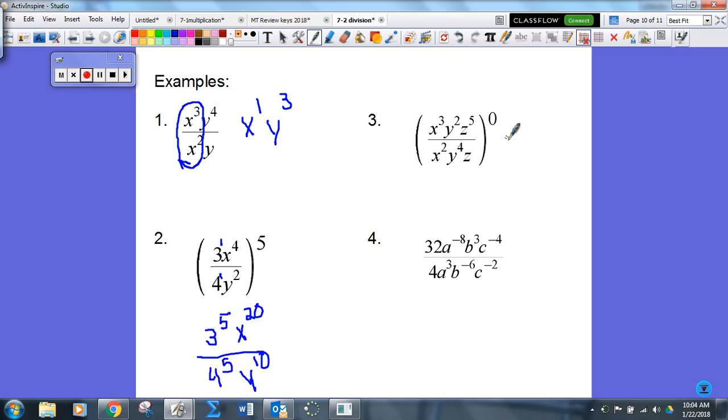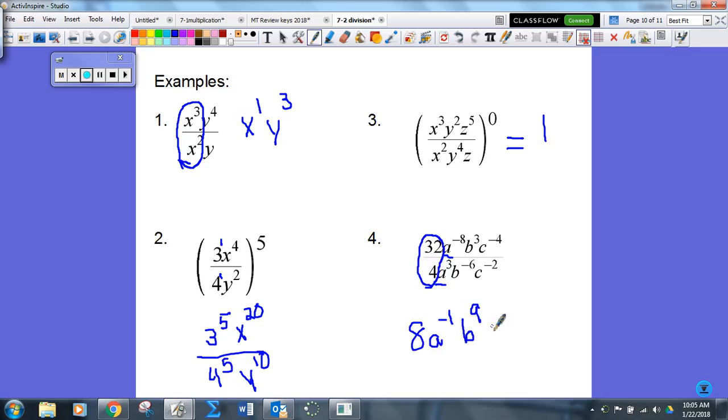Anything to the power of 0 is 1. Here, I'm going to simplify 32 divided by 4 and get 8. These a's have the same base, so negative 8 minus 3 is negative 11. 3 minus negative 6 on the b's is 9.